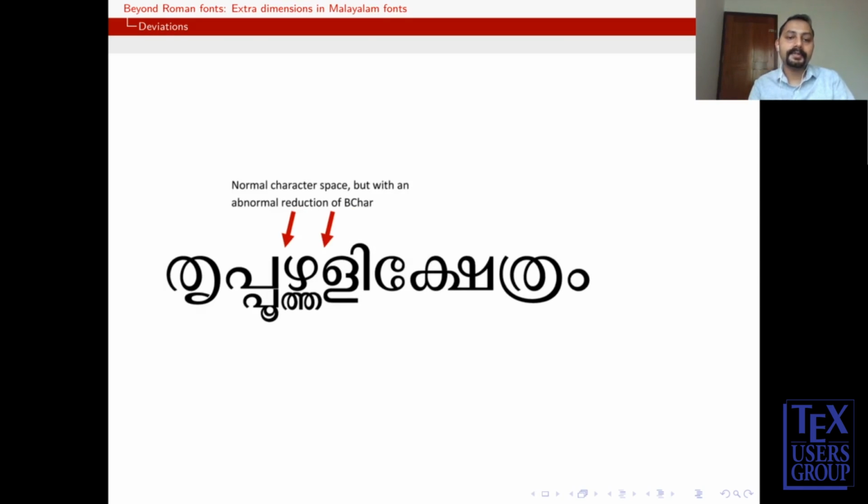The proper solution is indeed to reduce the left bearing and right bearing as well as to compress the below base character to an acceptable extent. So we use some unconventional reduction of the below base characters to match the readability as well as the aesthetic beauty of the font.